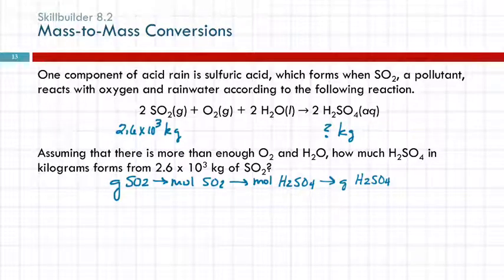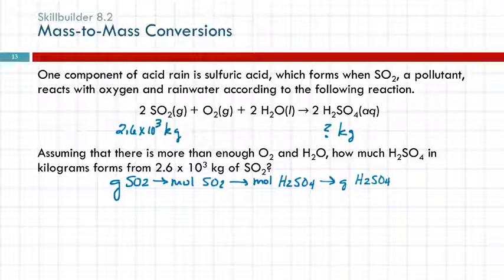But this isn't going to quite work for this problem, is it? Because we've got a mass in kilograms, and they're asking us to find a mass in kilograms. Can we convert kilograms to grams? Sure we can. So this one we're going to have to add on.